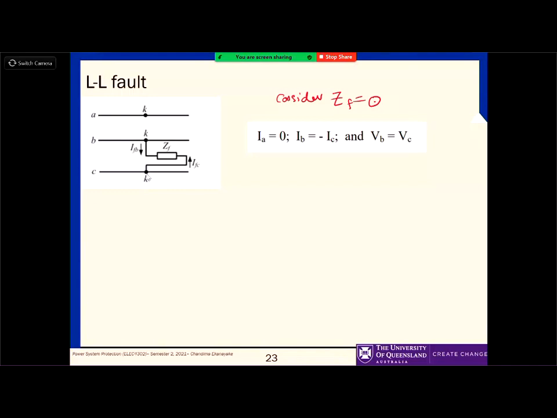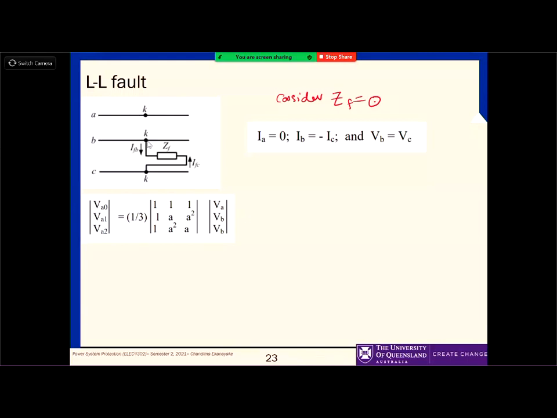So if you consider these factors, and then write the matrix to find the symmetrical components VA0, VA1 and VA2, remember that these equations are written for the voltage at this point and the current at this point, right? It is the norm that we always refer to the A phase.